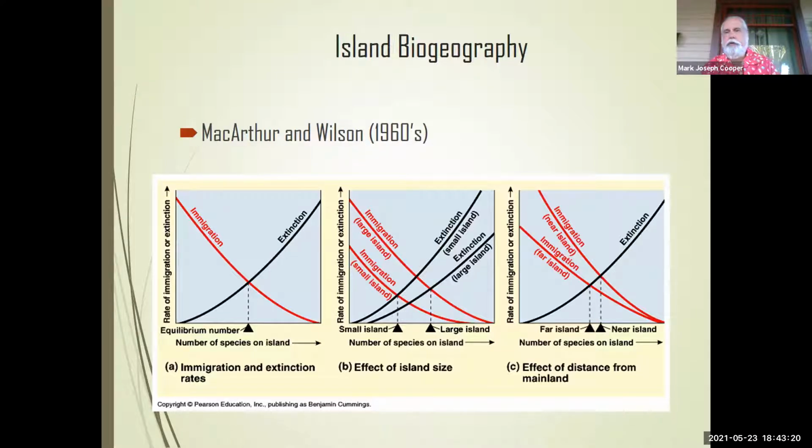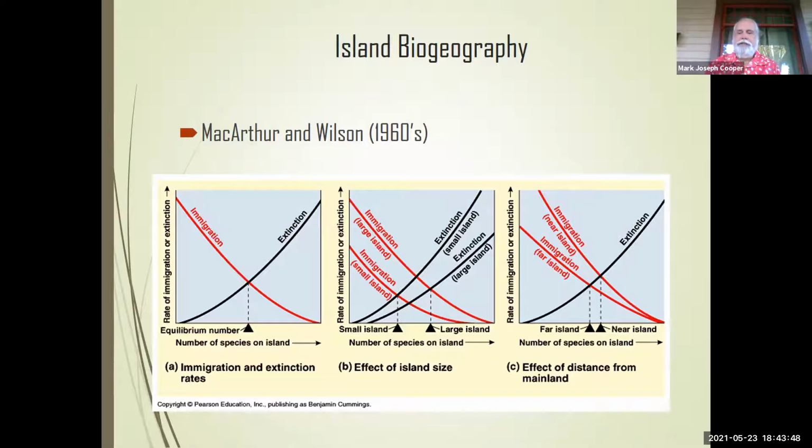And then you move all the way to the far side, and what you're going to see is number of species on an island, depending on their distance from a mainland. And the mainland is defined as an area that has populations that can transfer and end up on these little islands. So this last one is saying islands that are far away have fewer species than islands that are closer to the mainland, which makes sense.